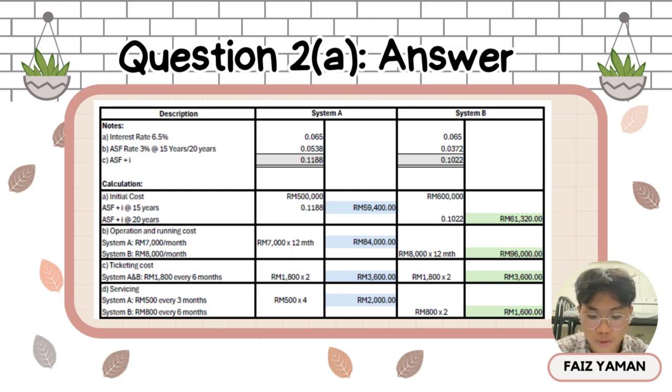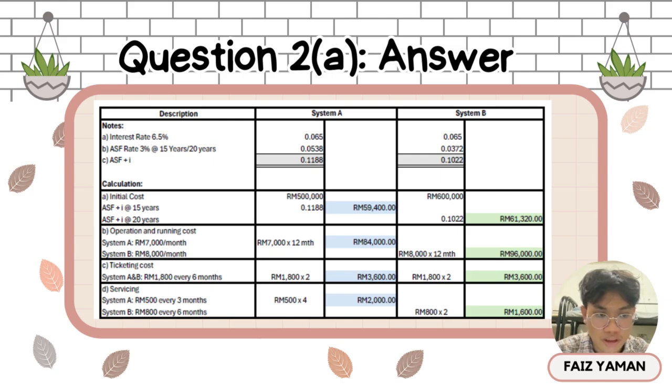Before we proceed to the calculations, we need to know what is the ASF plus I first. The interest rate given is 6.5, which we convert to decimal, 0.065.